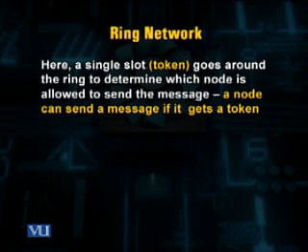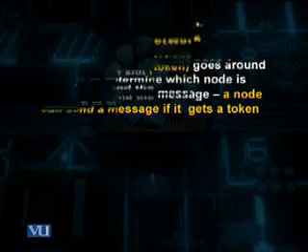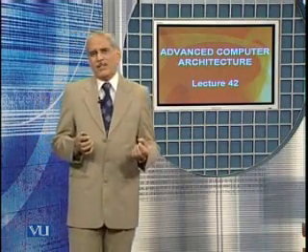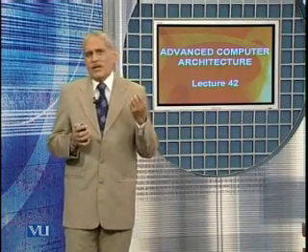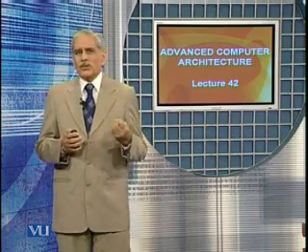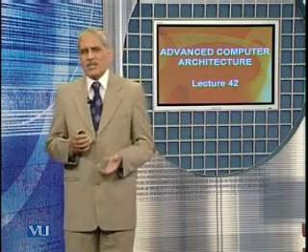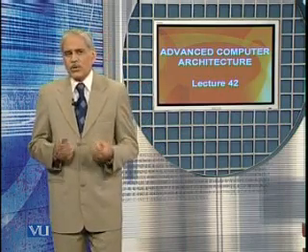Here, a single slot known as a token goes around the ring to determine which node is allowed to send the message. Basically, the token is moved from one node to the other node. It contains the information about which node is to send the information. A node can send a message if it gets the token.